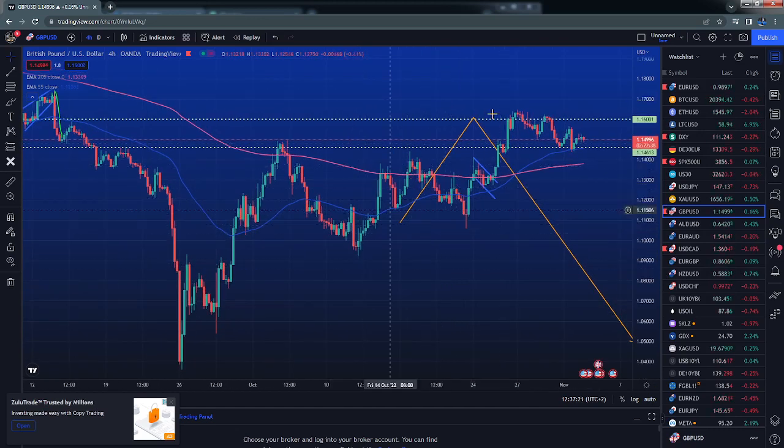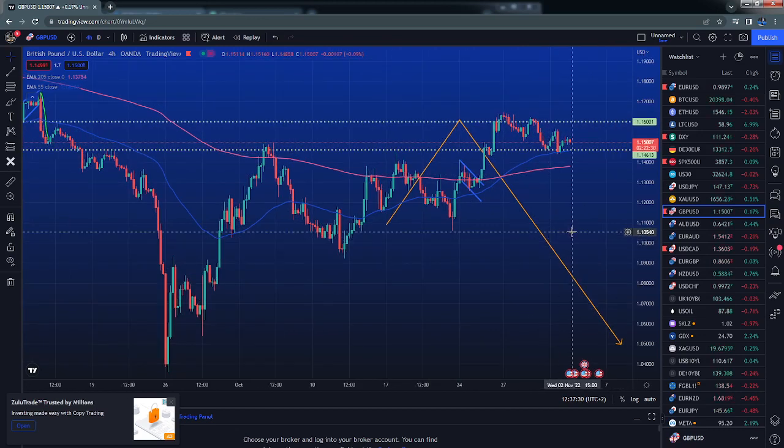So we see the pound trading almost sideways for now. In case of a sudden dip here, I would like to see support at 110.50, this area here. Of course, there is more support at the 112.50 area.